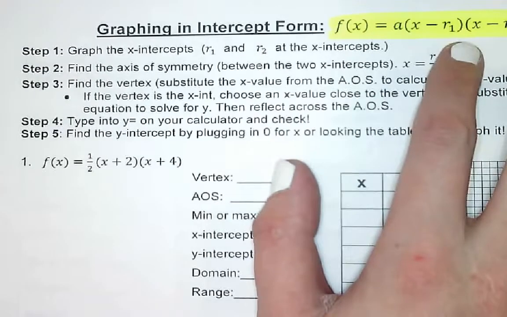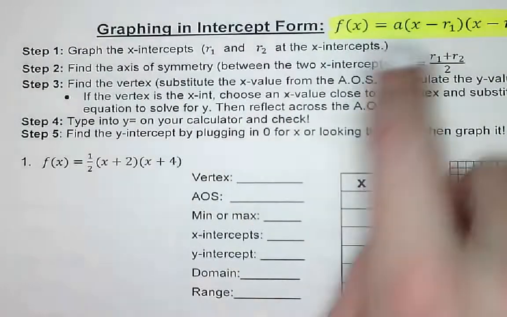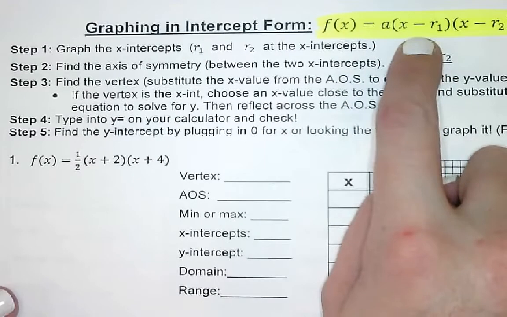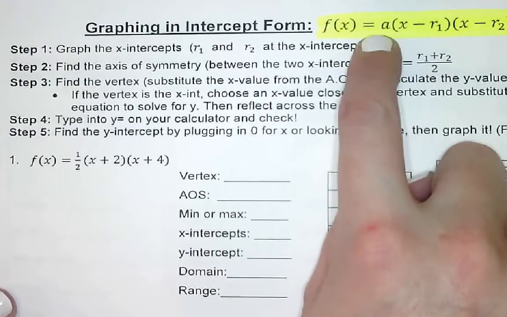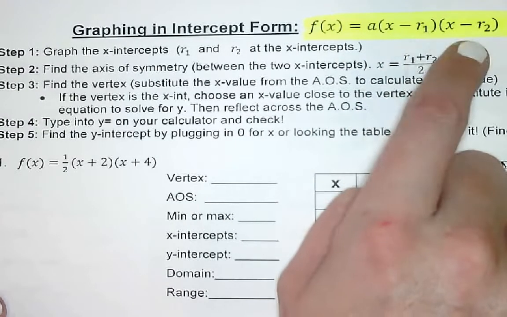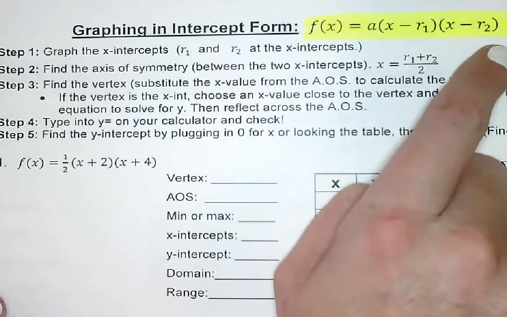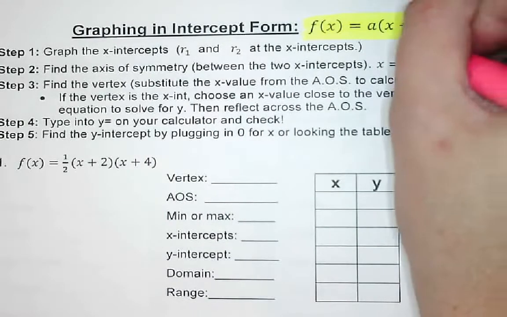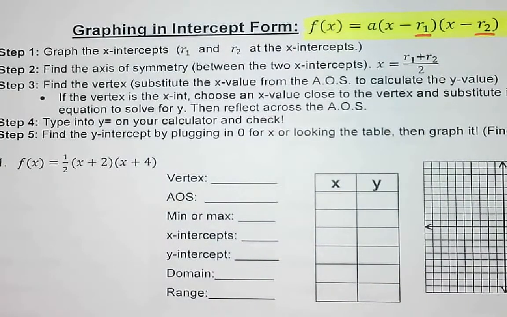And the nice thing about intercept form is it gives you your A value, and then it gives you your two roots, R1 and R2, because roots are your X-intercepts, right? So the equation is X minus R1 and X minus R2.